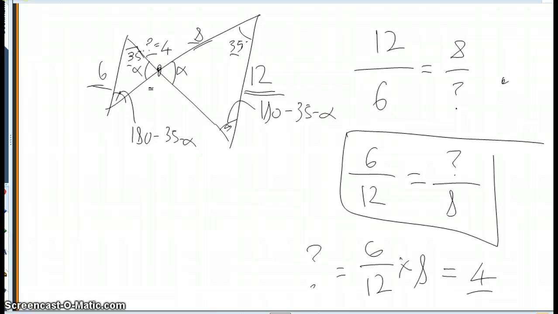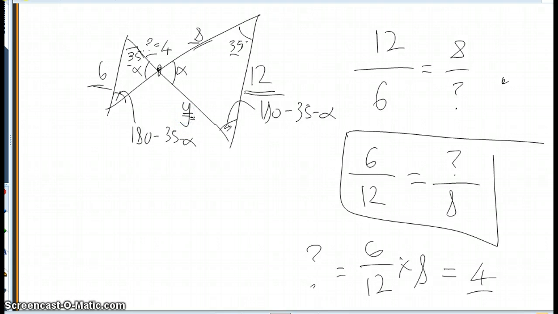Those triangles had a scale factor of 2, right? So one triangle is twice the size of the other triangle. So hence I should be able to find any unknown side as long as I know the scale factor between two sides. Let's say I asked you for this side, y, right?